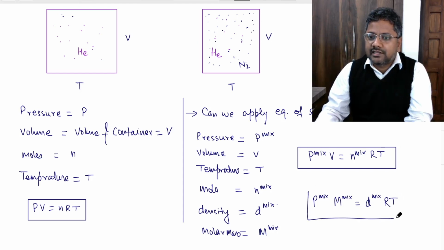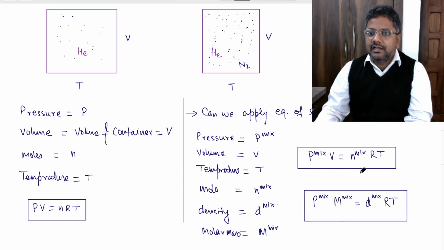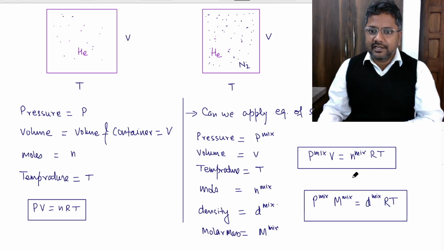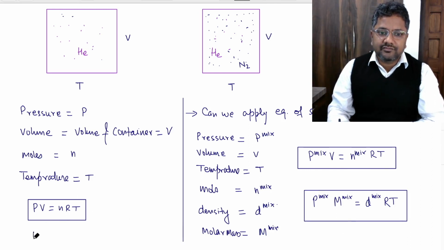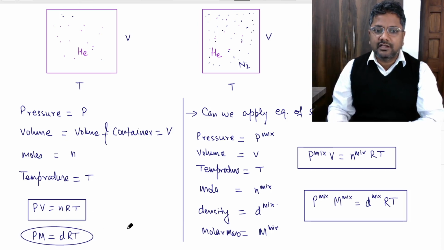Equation 4 is like this, and equation 3 is like this, right? Clear to everybody? Okay, good. And here equation 4 is PM = DRT, right? PM = DRT.